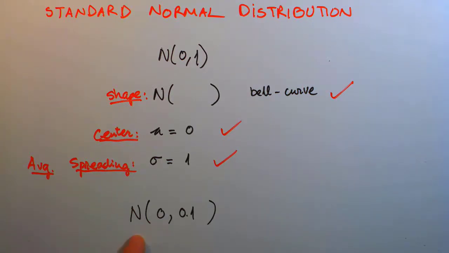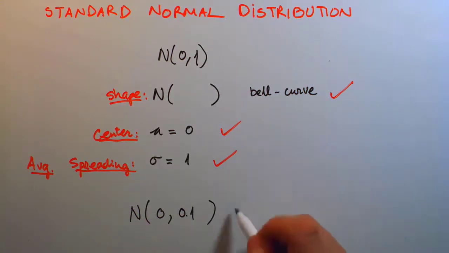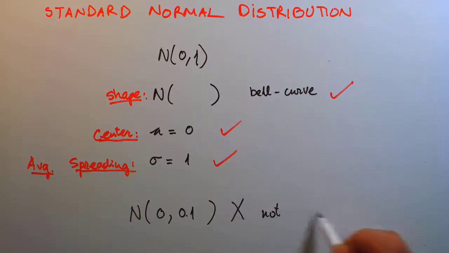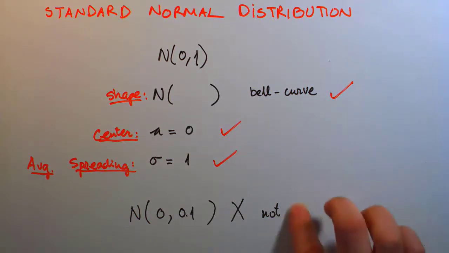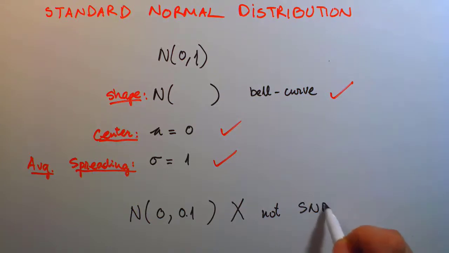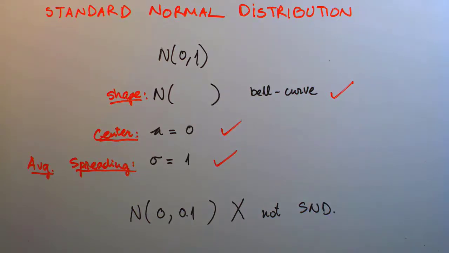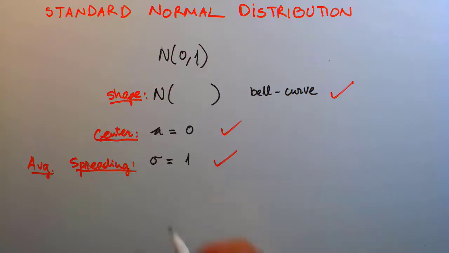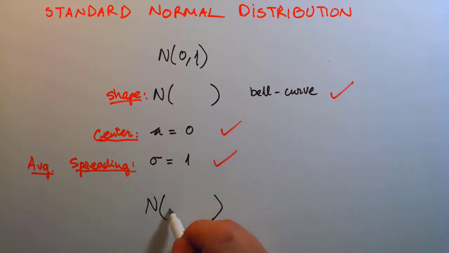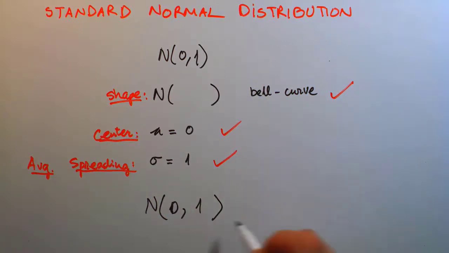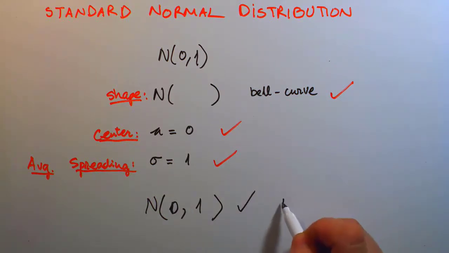This has a mean at 0 and a bell curve setting, but since the standard deviation fails to be 1, this is not the SND. Only when we are on a bell curve normal distribution, centered at 0 with standard deviation 1, is this the SND.